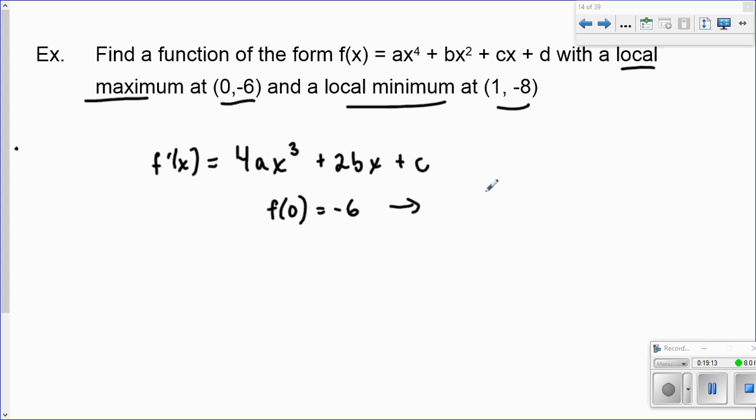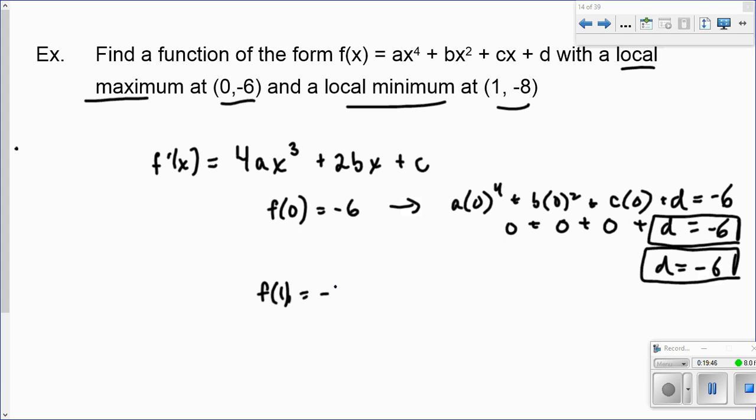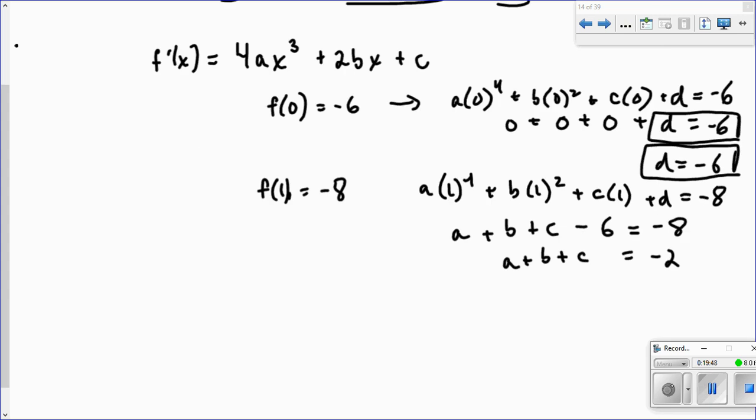So that means a(0) plus b(0) squared plus c(0) plus d equals -6. That'd be 0 plus 0 plus 0 plus d equals -6. So I've already solved for d. Now I'm going to pause and do it for the next one here, and basically what we're going to do here is plug in this point and see if you can get the resulting equation.